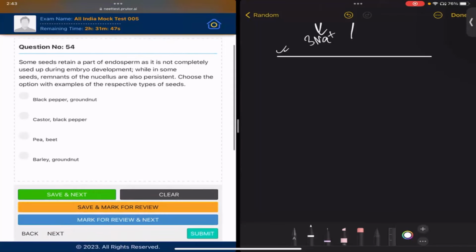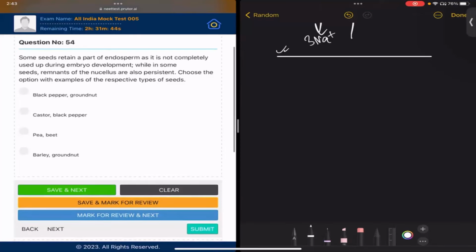Some seeds retain a part of endosperm as it is not completely used up during embryo development.